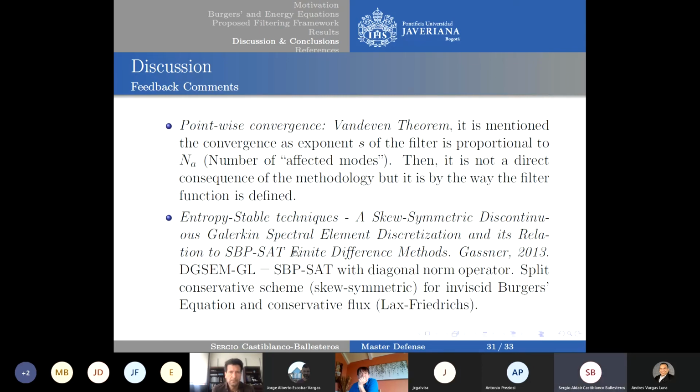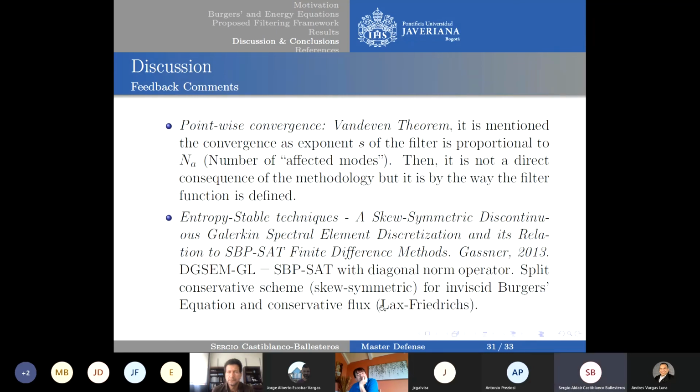What they say in this paper is that DGSEM with Gauss-Lobatto distribution of nodes is equal to finite differences with this scheme using a diagonal norm operator. And what they do is split the nonlinear term in a conservative scheme with a skew-symmetric technique. They do it for the inviscid Burger's equation, but they need to use a conservative flux, specifically a Lax-Friedrichs kind of flux.